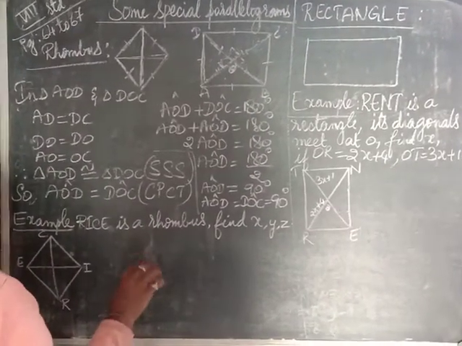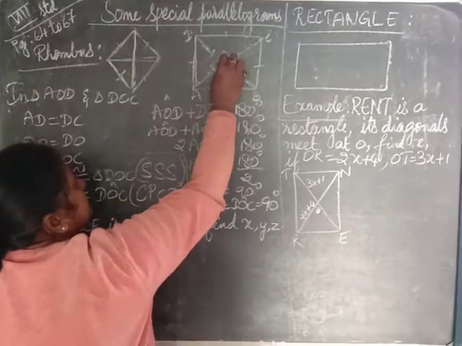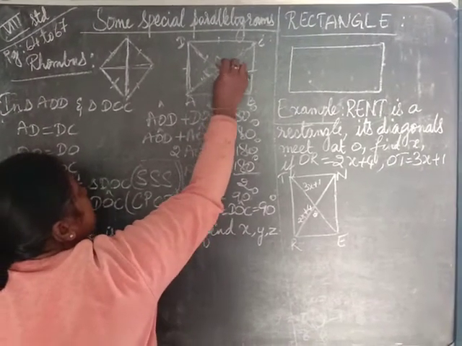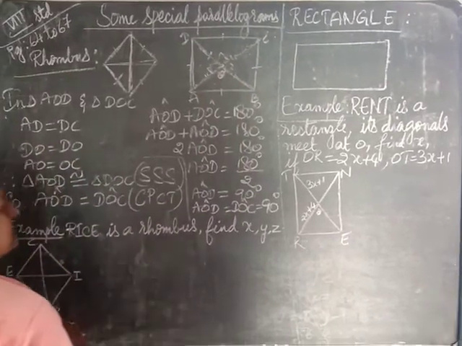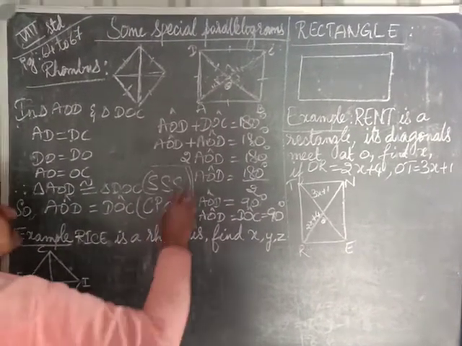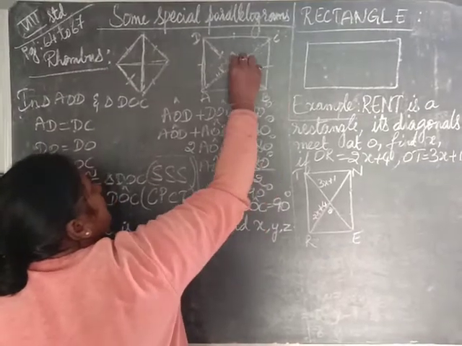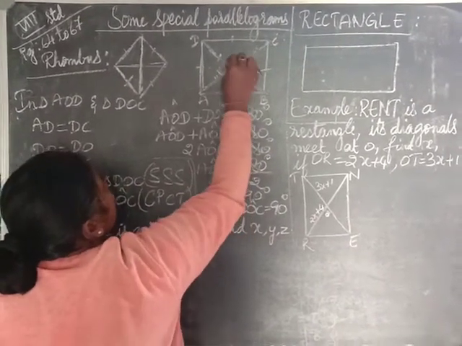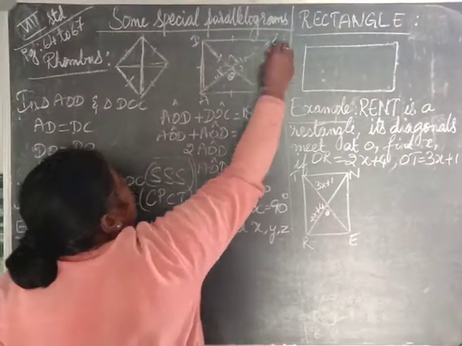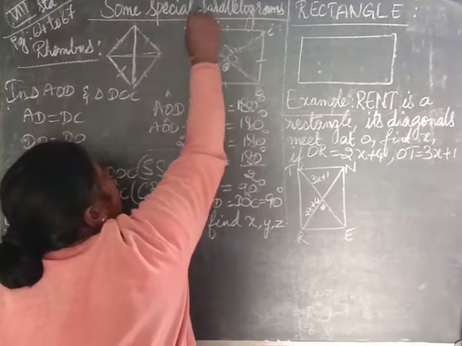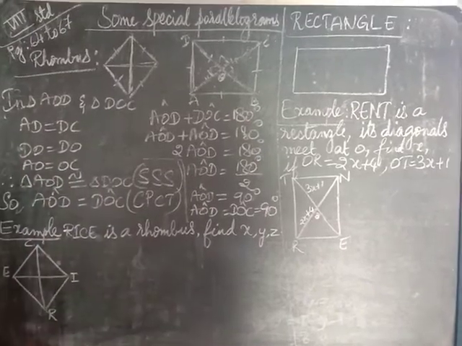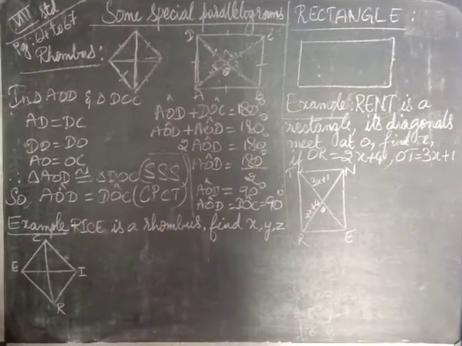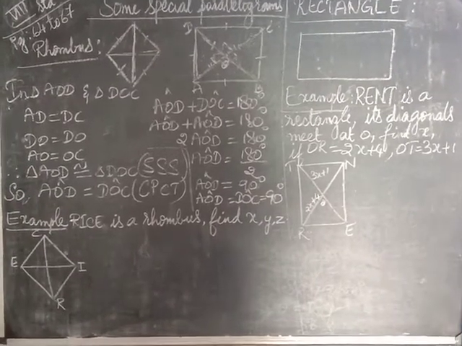That means all the angles at the center measure 90 degrees. That means BO is perpendicular to AC, AO is perpendicular to DB, and OC is perpendicular to DB. Children, this is how we got AOD equal to DOC equal to 90 degrees.